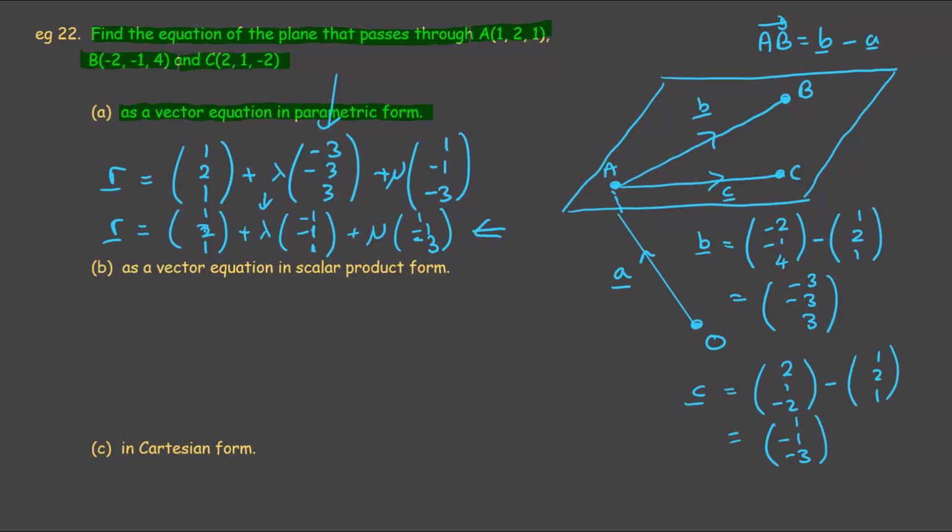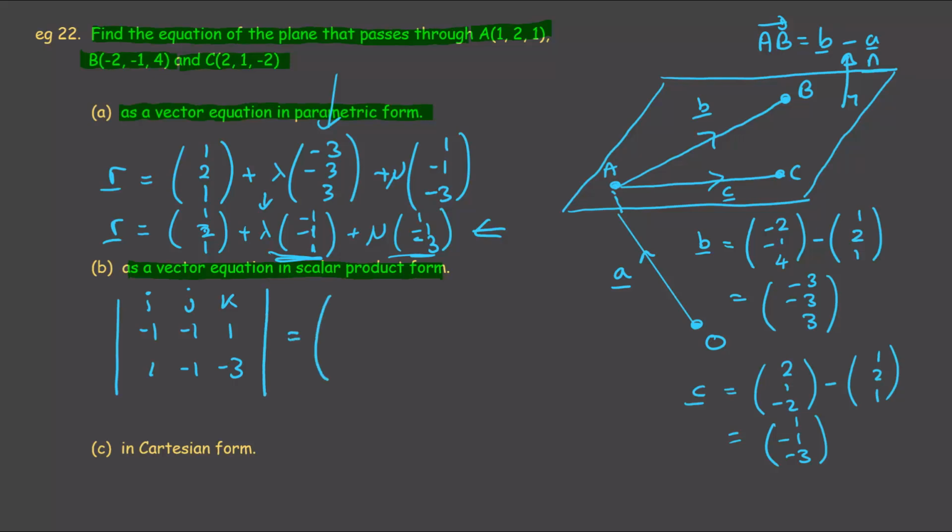We now want a vector equation in scalar product form, and that means that we need a normal to the plane, and we can use these two vectors to find that. So we're going to do a cross product: i, j, k, (-1, -1, 1), (1, -1, -3).